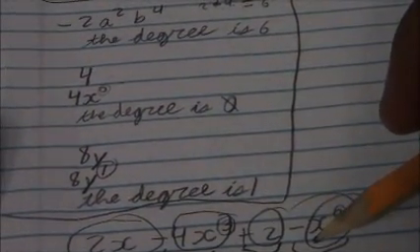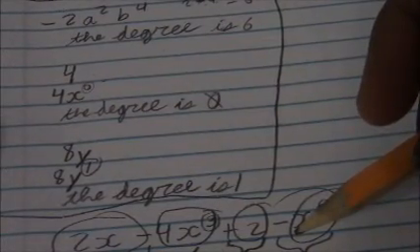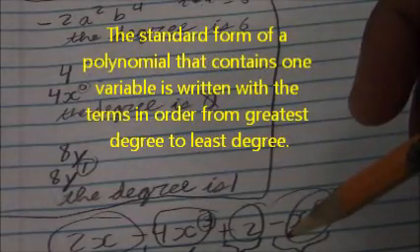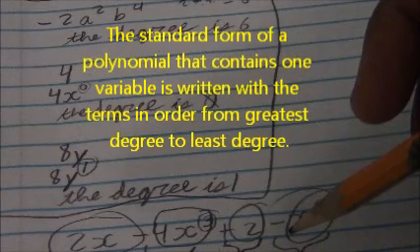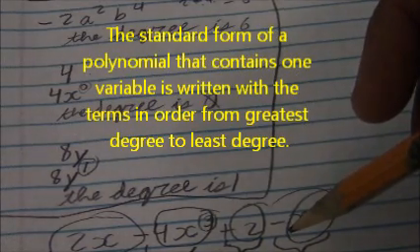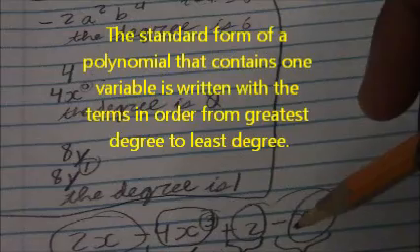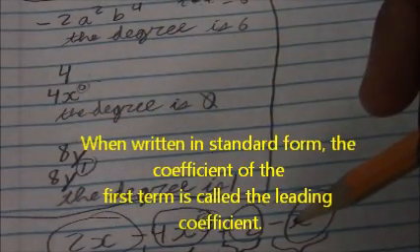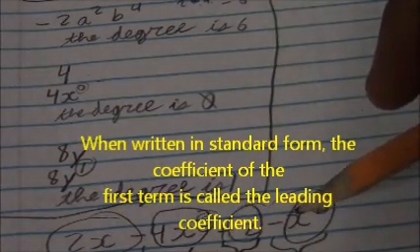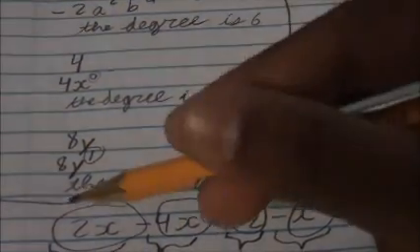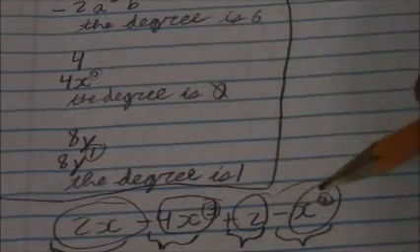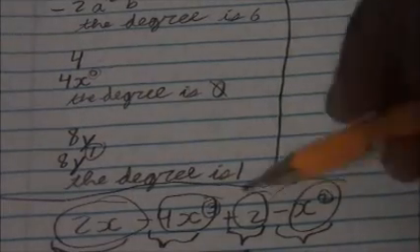So now, first of all, how do we write polynomials in standard form? The standard form of a polynomial contains one variable and is written with the terms in order from greatest degree to least degree. When written in standard form, the coefficient of the first term is called the leading coefficient. So, say we had 2x minus 4x cubed plus 2 minus x squared.